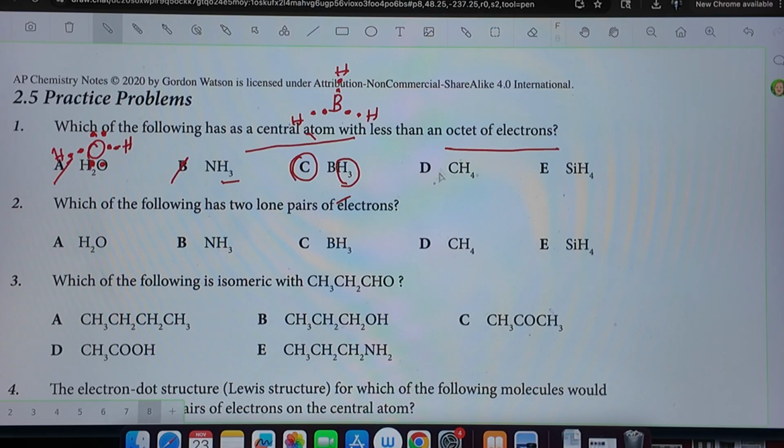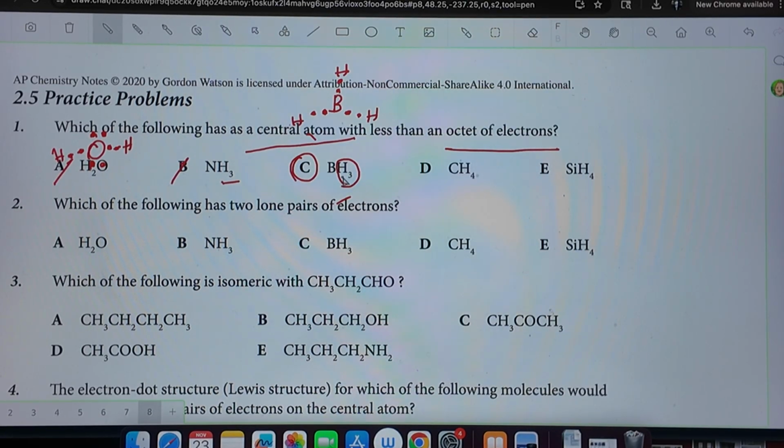So the answer is C. It doesn't get an octet. We know this one gets an octet, so it can't be this. And Si is similar to carbon; they're in the same group, so they'll get the same thing too. So it's definitely C. Okay, which of the following has 2 lone pairs of electrons? Definitely this, and we see it right here. It has 1 lone pair here, and another lone pair here. 2 lone pairs.